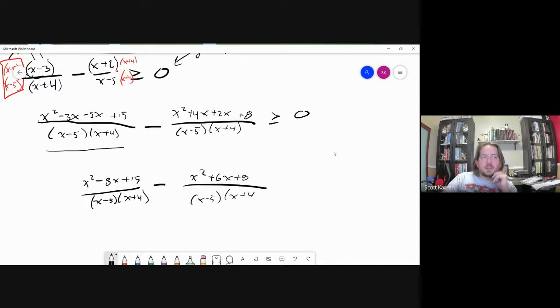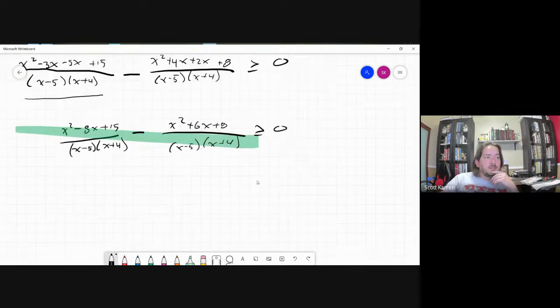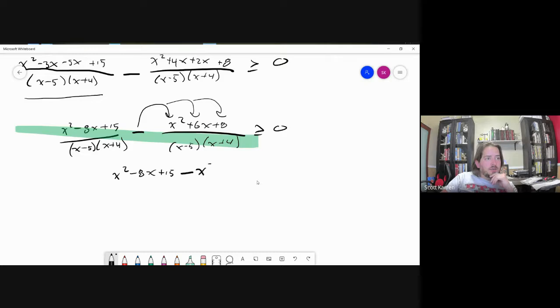And I got that same denominator, so now I can combine all of this into one big fraction, one big rational expression. So again, I'm subtracting this entire term, which means the negative gets distributed through everything. So this turns into x squared minus 8x plus 15 minus x squared minus 6x and then minus 8, all over that common denominator of x minus 5, x plus 4.